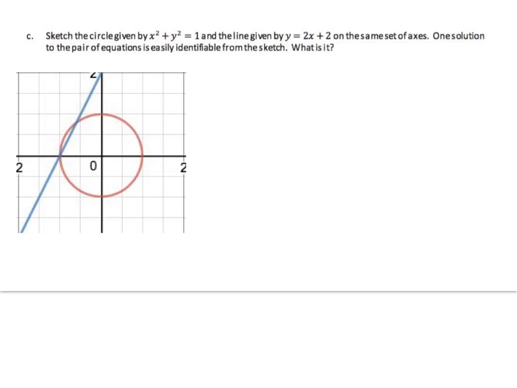Sketch the circle given by x squared plus y squared equals 1, and the line given by y equals 2x plus 2 on the same set of axes. 1 solution to the pair of equations is easily identifiable from the sketch. What is it? First of all, let's talk about this circle.